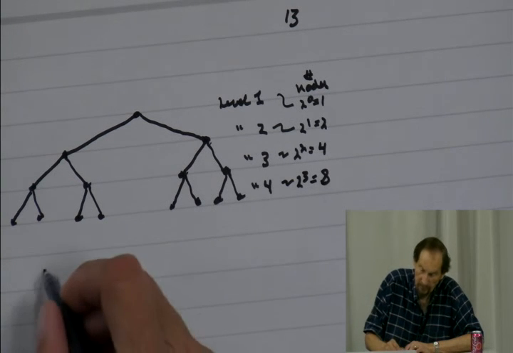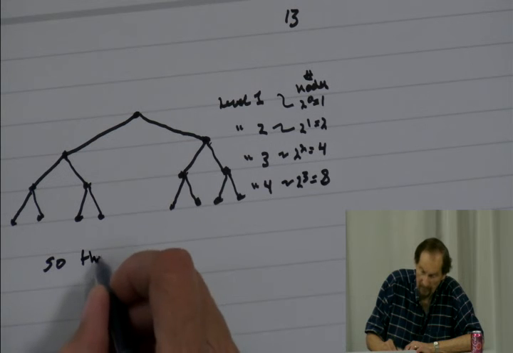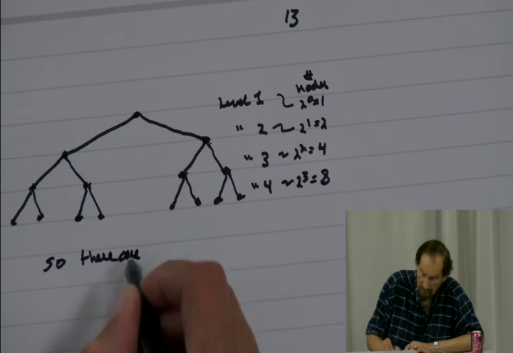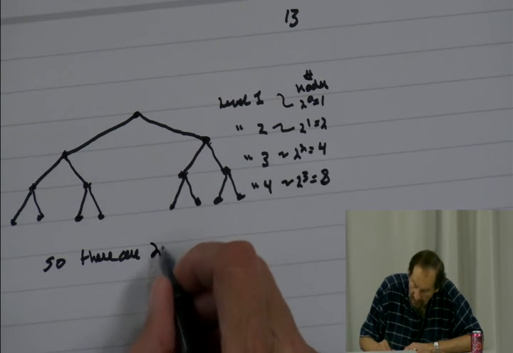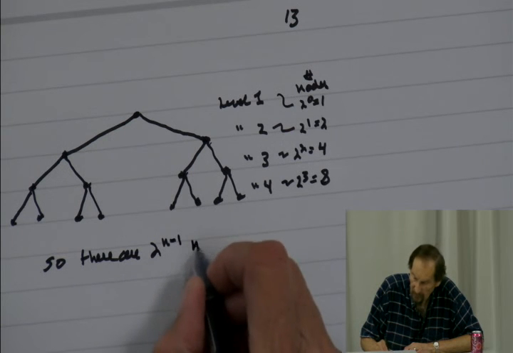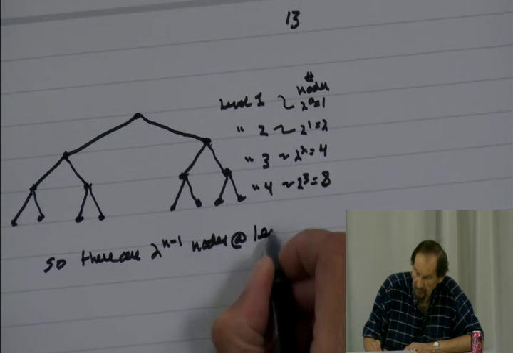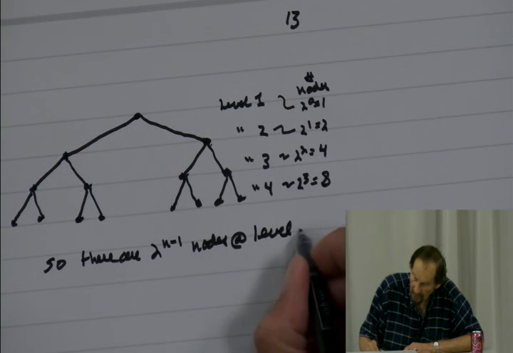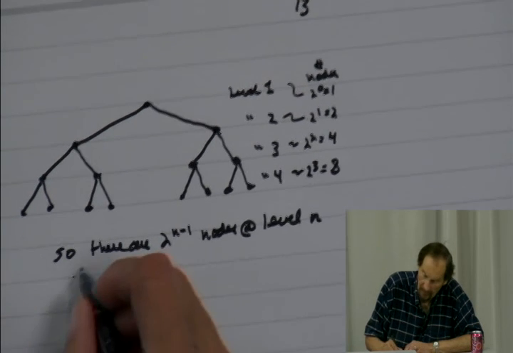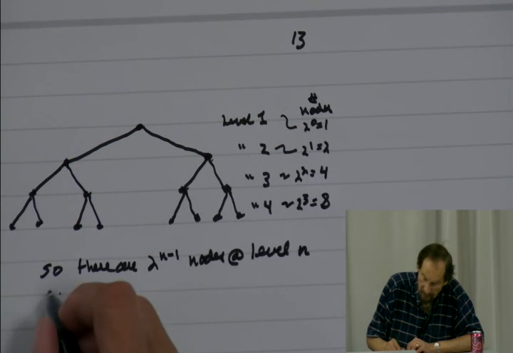So there are 2 to the n minus 1 nodes at level n of our binomial tree.